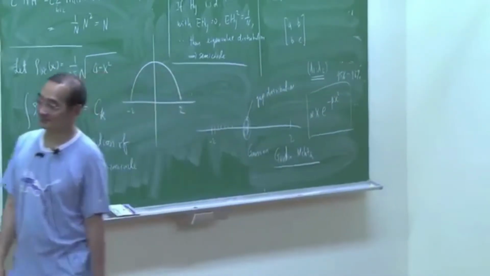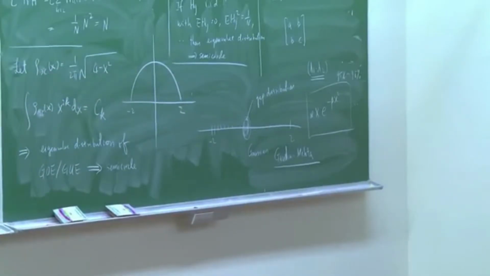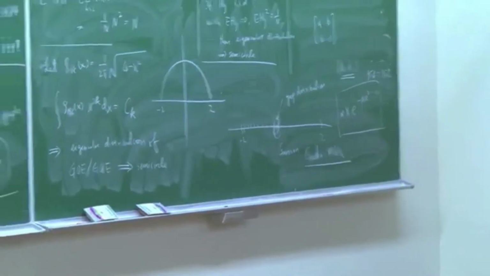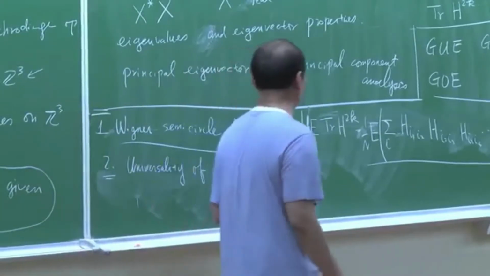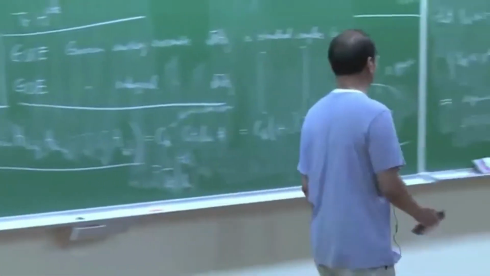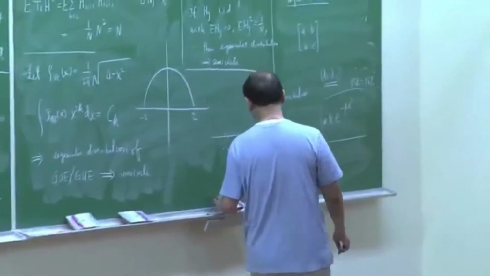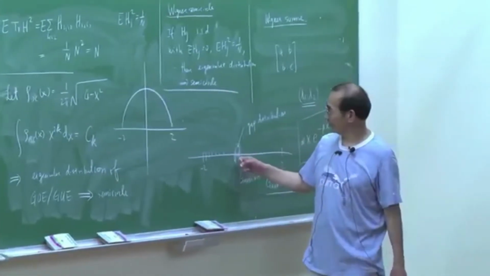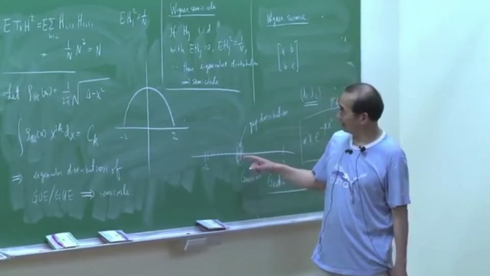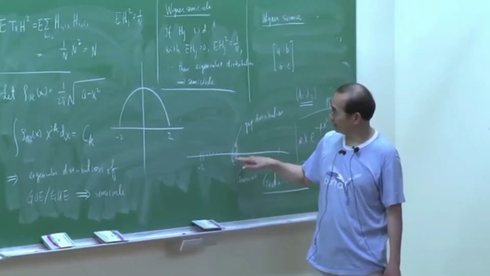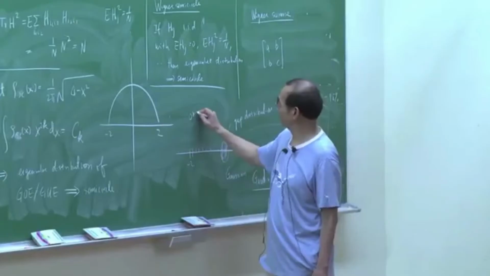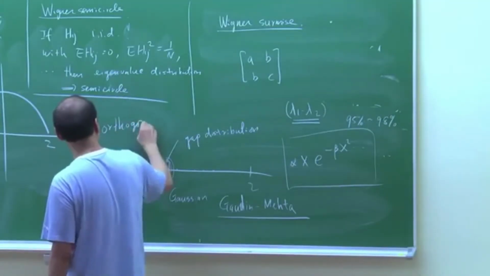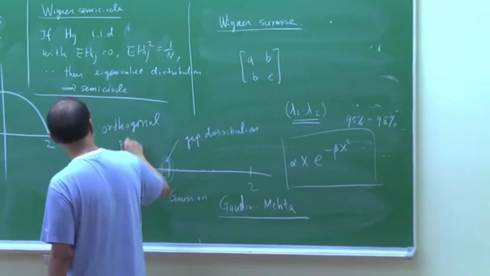Okay, maybe let me say what I'm trying to do. In the next hour, I will spend about half an hour explaining the Gaussian calculation. This is done by orthogonal polynomials.